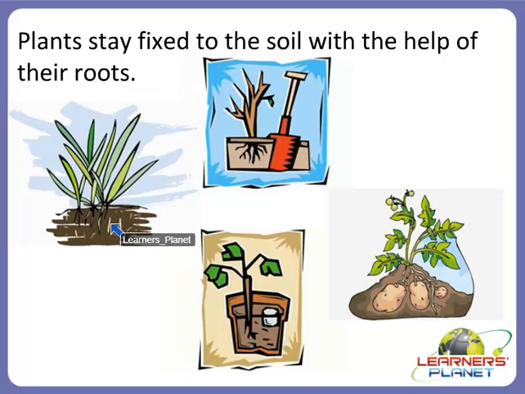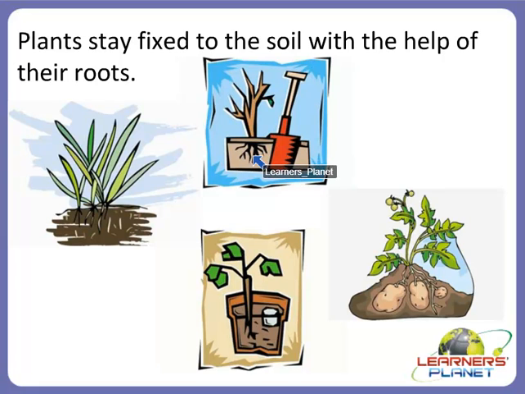So we can see the roots in every picture. We can see the plants. They are fixed to the soil, the brown colored soil, dark brown and light brown colored soil. So children, they are fixed with the help of their roots.